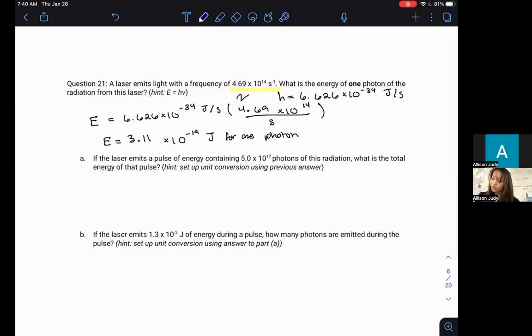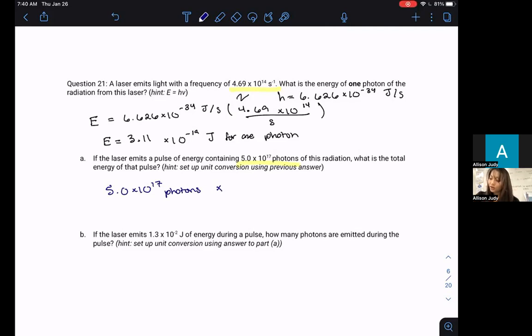So what we're going to do is we are going to say, well, whatever they give you initially, start there, especially when you're setting up your unit conversion or dimensional analysis, mathematical processes. You want to start with the given. So you know that you have 5.0 times 10 to the 17th photons. Now your previous work above told you a new relationship, a new unit conversion, a new equivalence factor.